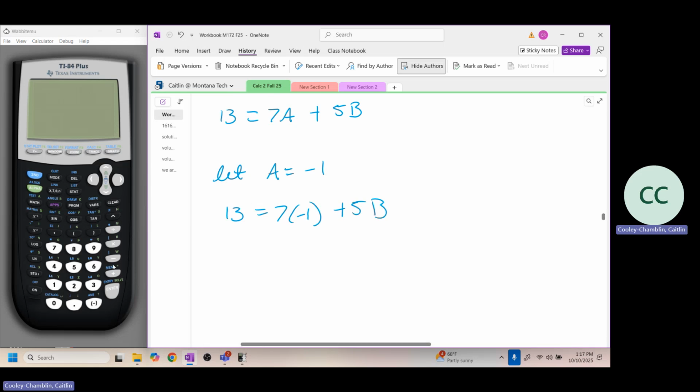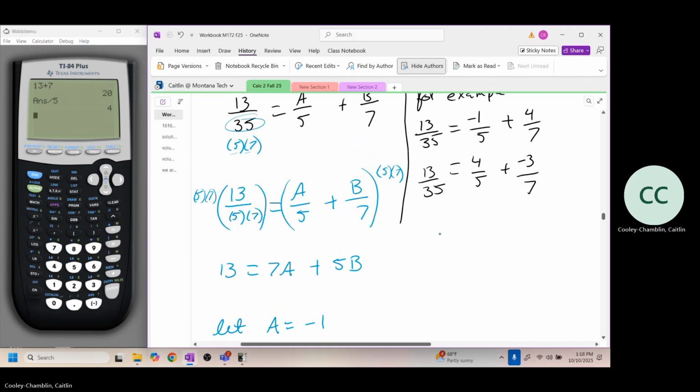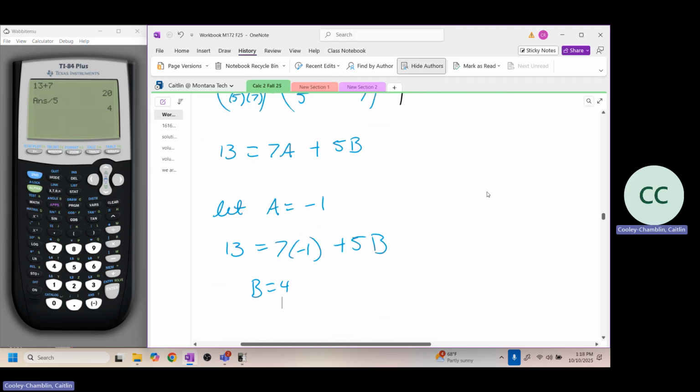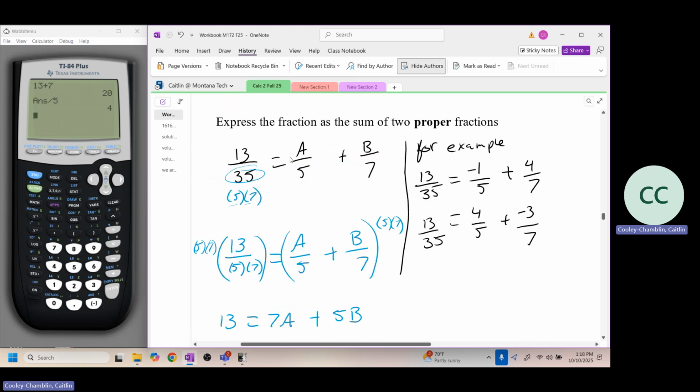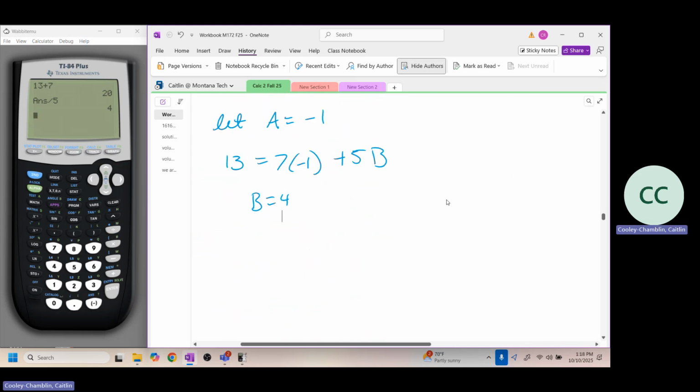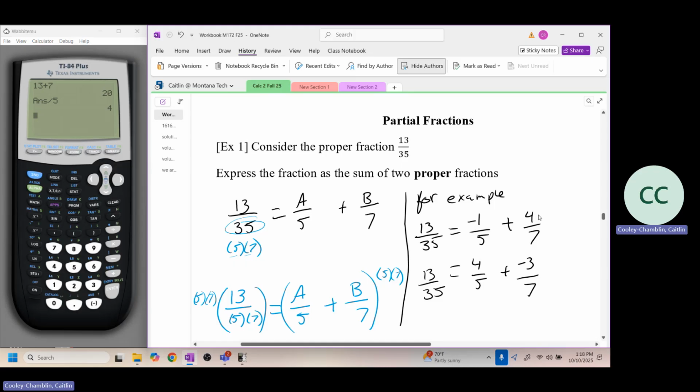To solve this, I'm going to add 7 to both sides, so 13 plus 7 gives me 20, divided by 5, which is 4. So B equals 4, which gives us our first example: -1 over 5, so A was over our 5, plus B, which is 4 over 7.